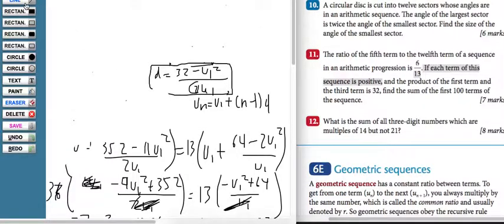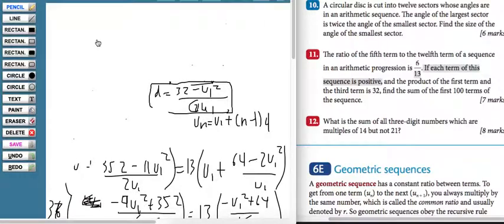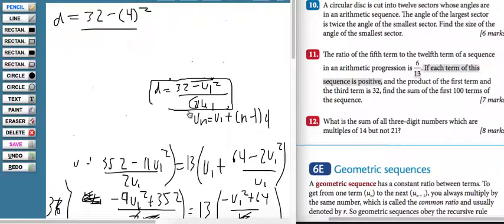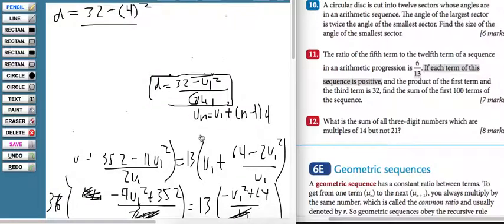So we're given that u1 equals 4, so we have d equals 32 minus 4 squared, which is 16. It's going to be 16 on the top, over, I can't even read my own handwriting. What's this say?